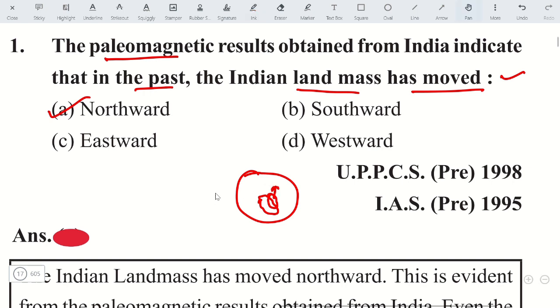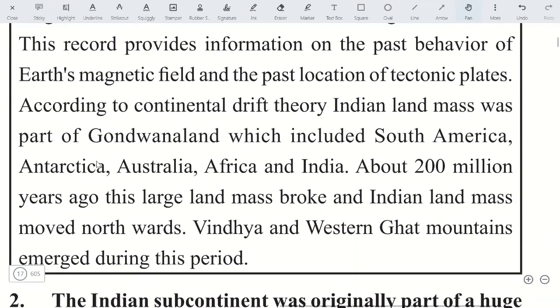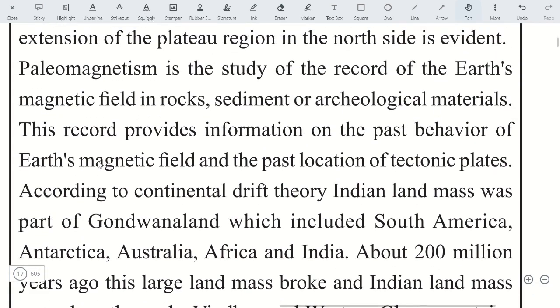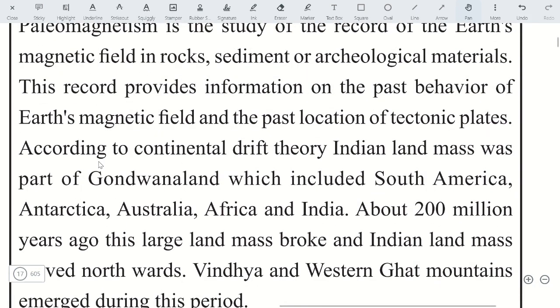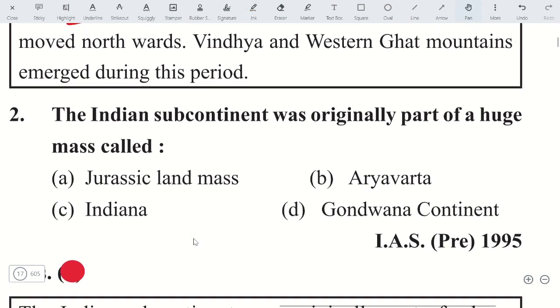Actually, it was not completely north. It was northeastern, but in the question there is no northeast, so we will go with northward. One more thing: India broke up from Gondwana about 200 million years ago. Remember this.